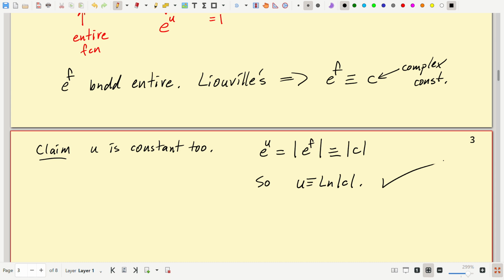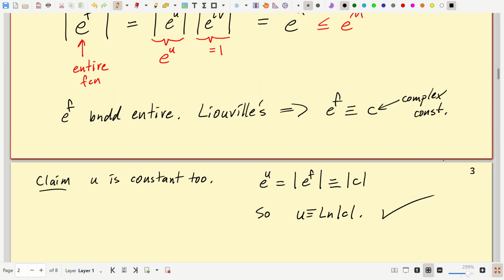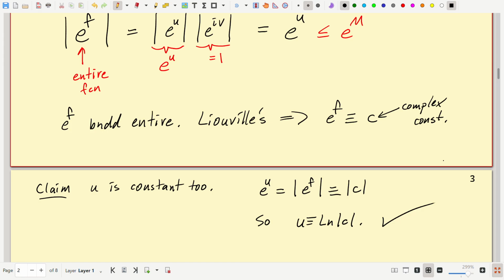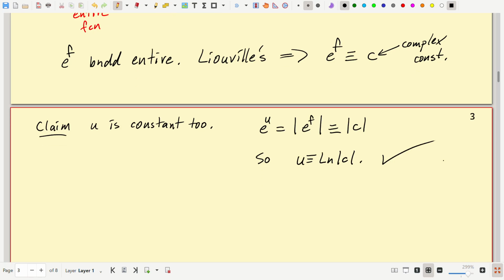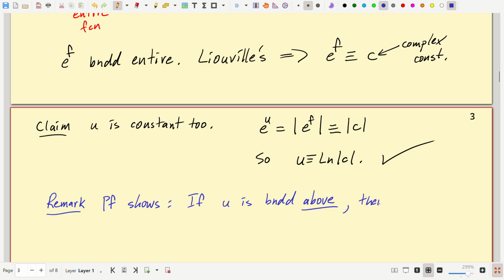So I should have said, to make this a fancier theorem, if a harmonic function is bounded from above, then it's constant. Maybe that's worth a remark. The proof shows if u is bounded above, then u is constant.